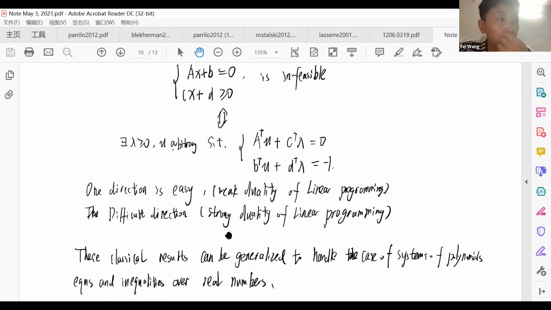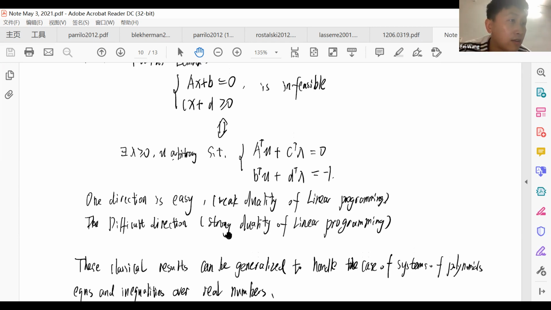To summarize, we have nice infeasibility certificates for linear equalities, for linear inequalities, and for polynomials over the complex numbers.